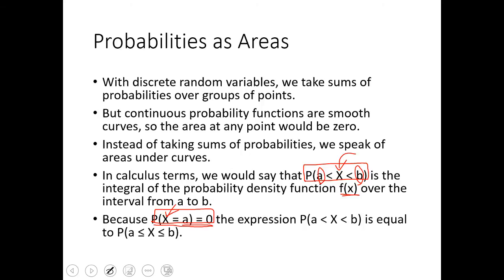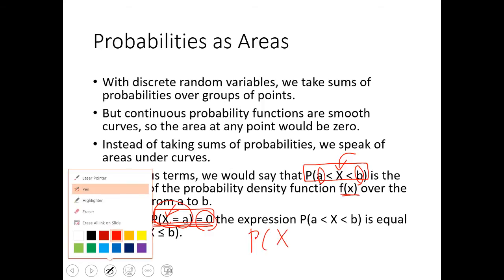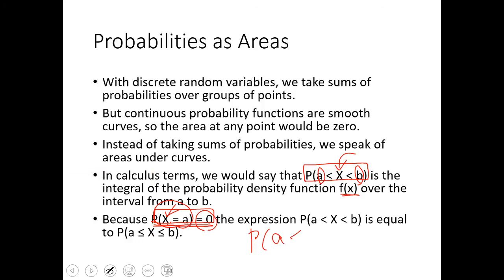If x is continuous, then the probability that x is equal to a is 0. Because of this property, the probability that a is less than or equal to x less than or equal to b is the same as the probability that a is strictly less than x and x is strictly less than b.